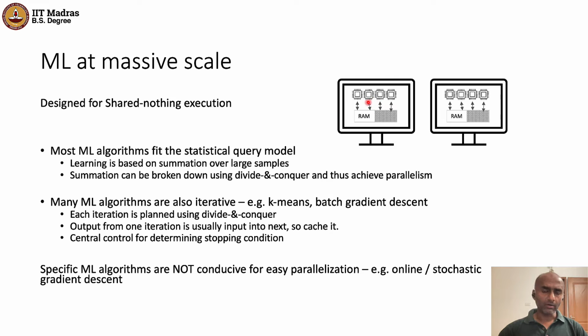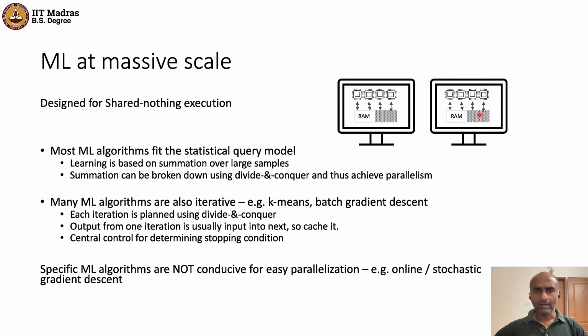So in this kind of a model, which is called shared nothing execution, if you build an algorithm that's designed with this kind of a model, you could then run it on any CPU running anywhere as long as it has its own memory allocated to it, which means you could run it on other machines, you could run it in a cluster of machines, etc. So massively parallel processing or shared nothing execution all mean the same thing in some ways. So they amount to the same thing.